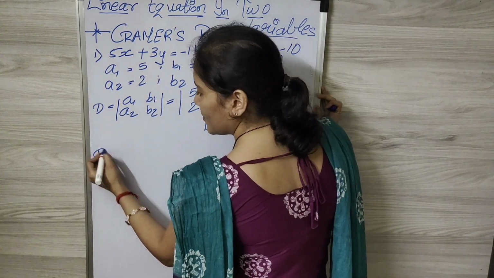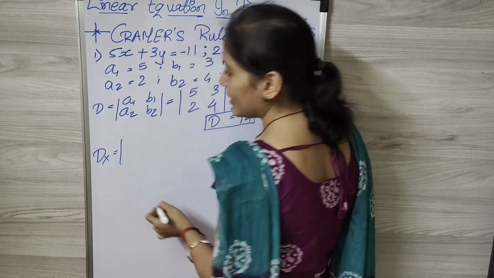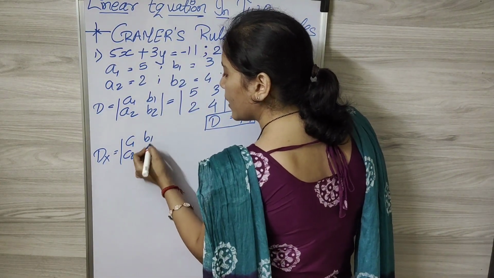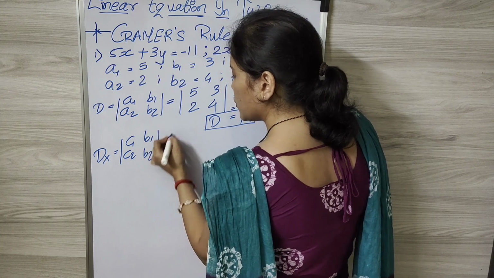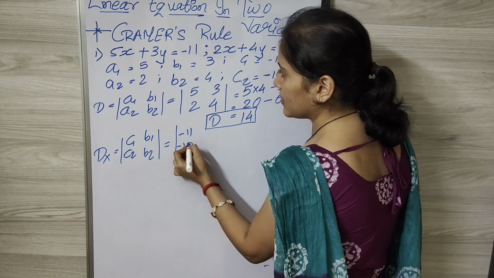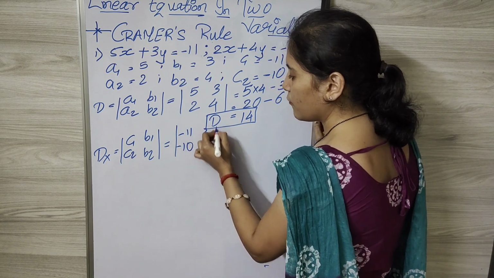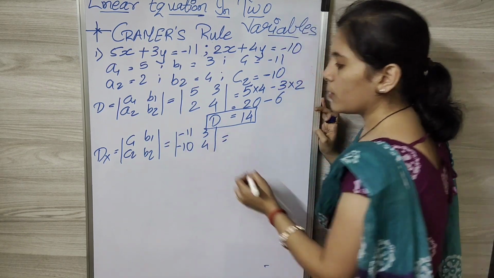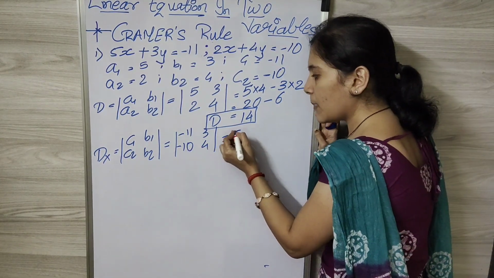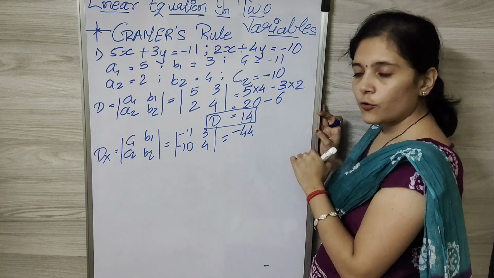Now next step is dx. For dx the formula is c1 c2 b1 b2. So I am going to place the value minus 11 minus 10, 3 and 4. So again cross multiplication, minus 11 into 4 becomes minus 44.